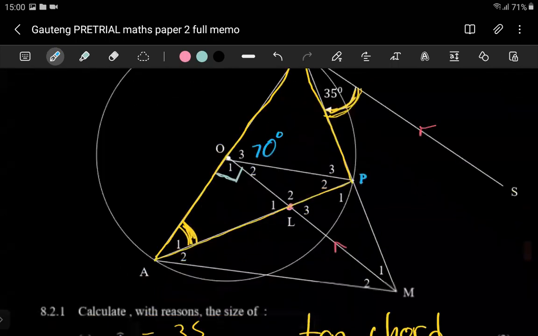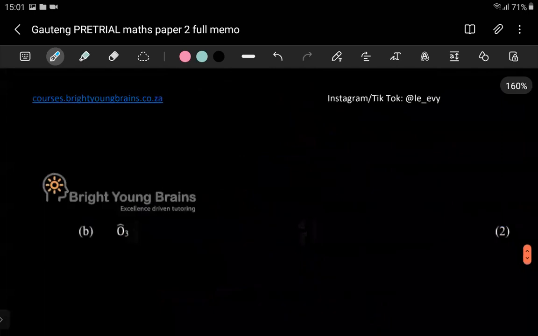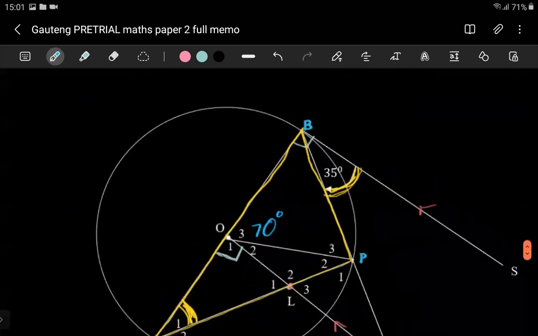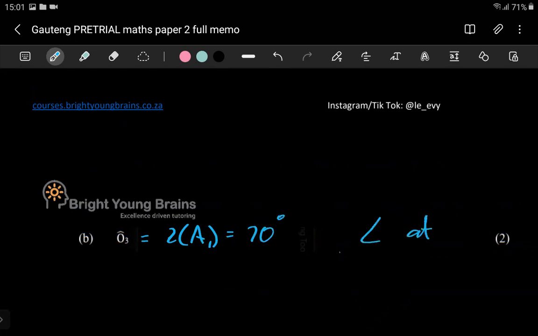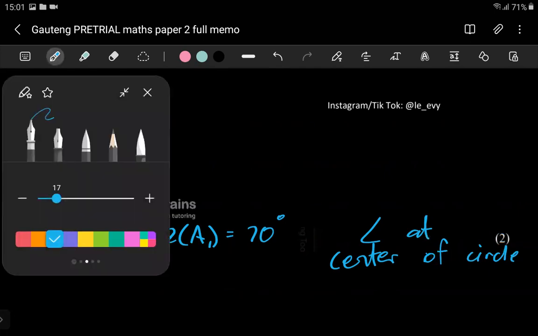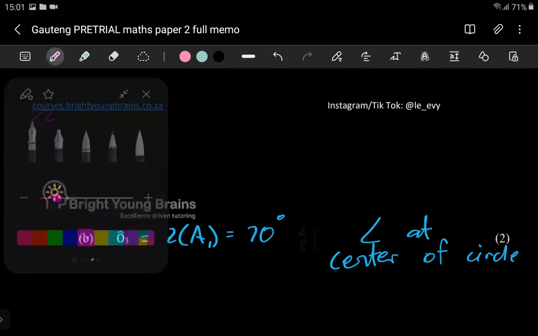So that's why this is 70. So we're just going to tell them that O3 is equal to double A1, which is going to make it 70 degrees. The reason is angle at center of circle.